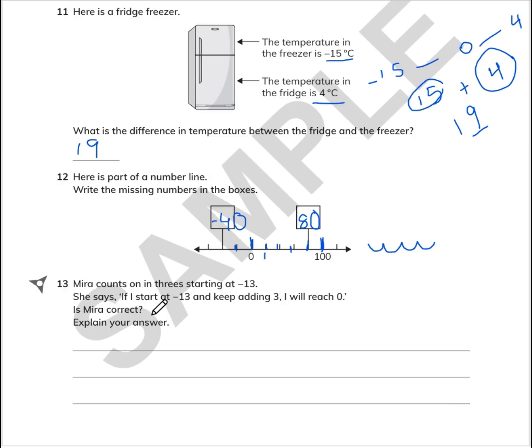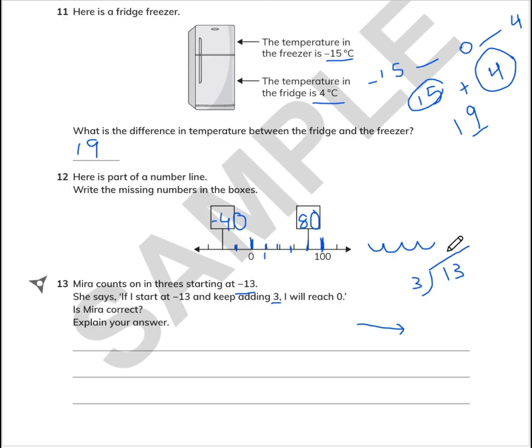Mira counts on in 3 starting at minus 13. Okay, counts on means she is counting forward. She is going right on the number line. She says if I start at minus 13 and keep adding 3, I will reach 0. What we can do is divide 13 by 3 and see whether it can happen or not.